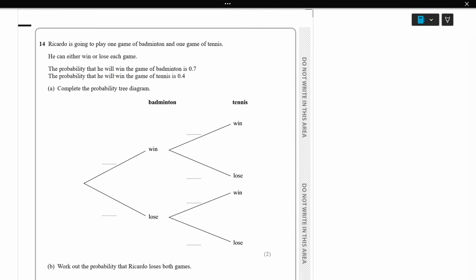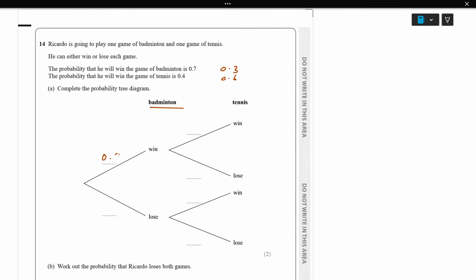Next one. Ricardo is going to play one game of badminton and one game of tennis. He can either win or lose each game. The probability of winning the badminton game is 0.7, so losing is 0.3, because when we add up the probabilities we have to get 1.